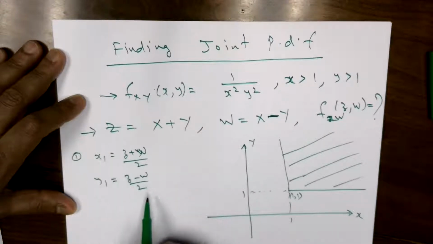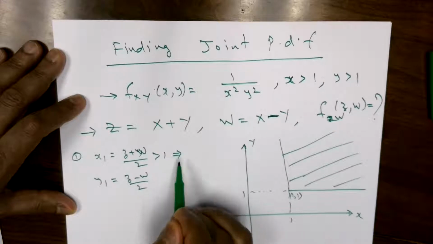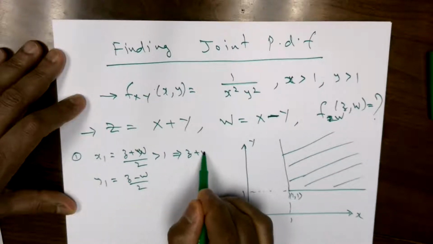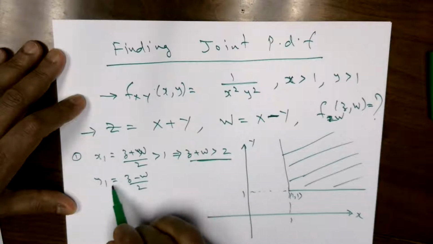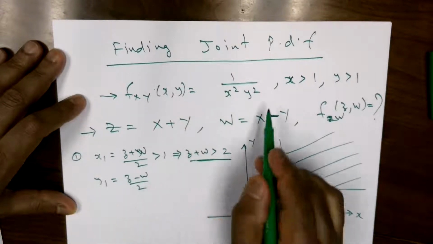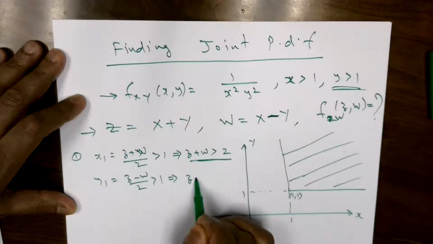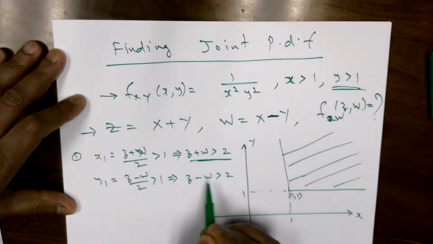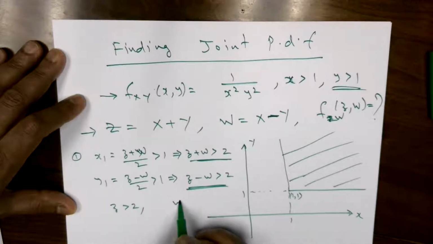But this is telling us more. From here, this is x1. x1 is greater than 1. So we get an additional condition that z plus w is greater than 2. And similarly, y1 is greater than 1 because it's given. So from here you get z minus w also is greater than 2. So we get these two additional conditions on top of this general observation.